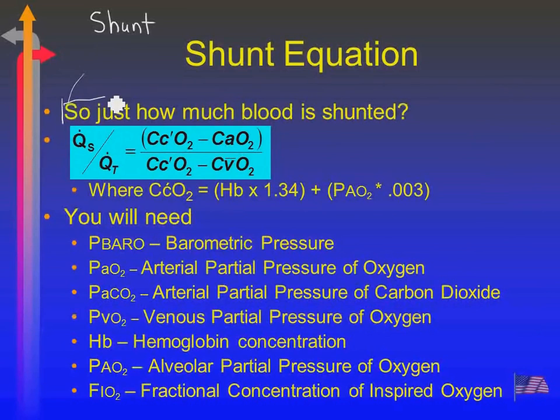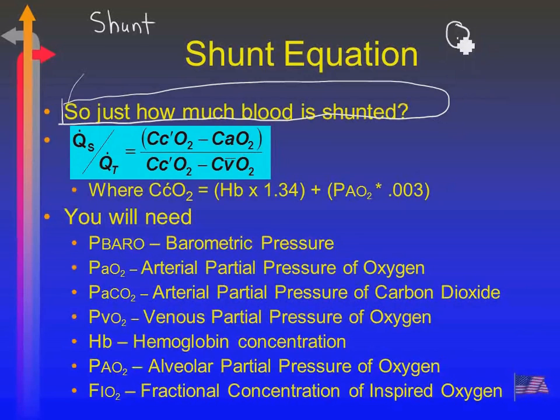So how do I measure how much of that blood is shunted? I'm going to go back and go through a couple of symbols. This is perfusion, total perfusion, i.e. cardiac output, and what percentage of that cardiac output that's perfusing through the lungs is encountering a shunt.